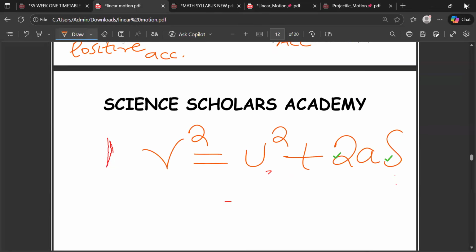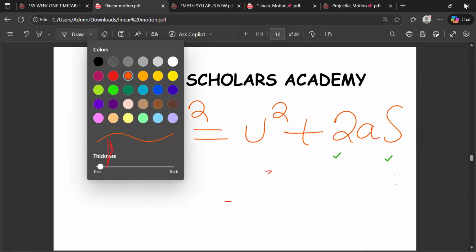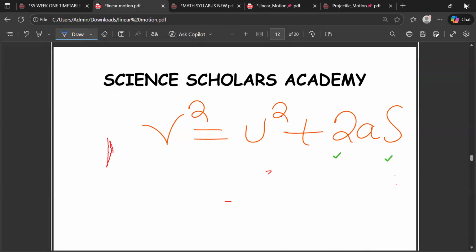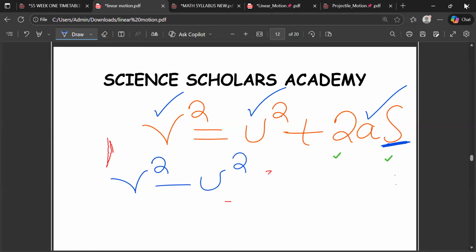Then you'd be like, but the question asked how far. Why I chose this: they said to rest, so V is 0. They said initially it was 10, which we have. They told us A is negative 2, so we have it. So we can get this S, which is the how far the question wants. So when I make S the subject, I'll say V squared minus U squared over 2A. And this will give me the S.